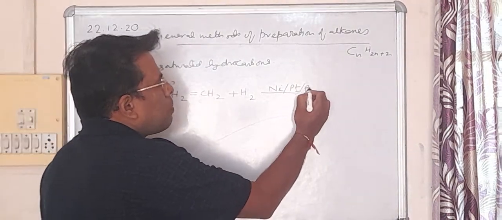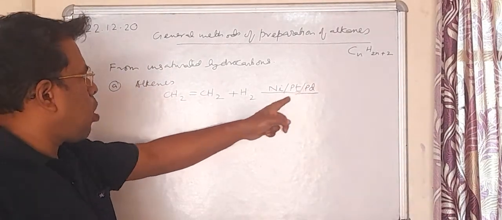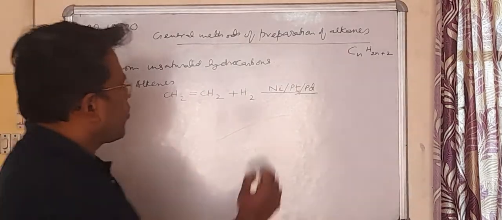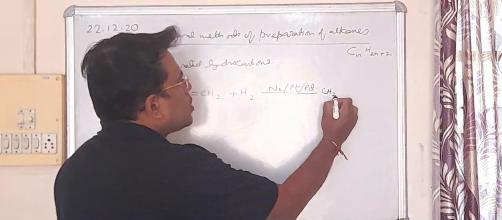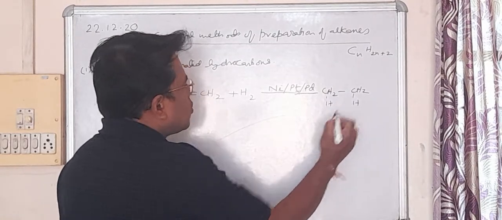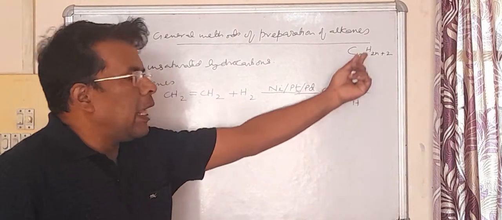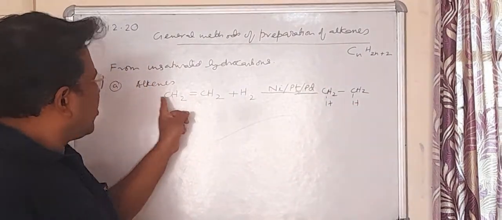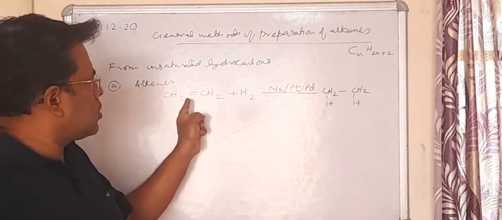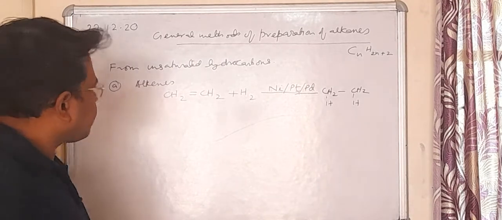It can be also palladium as catalyst. So in presence of this catalyst, hydrogen gets added here, and it becomes CH2, H. So you see these atoms get added here, and this is an alkane. So this is an addition reaction. So in this way, starting with alkenes, we can prepare alkanes.